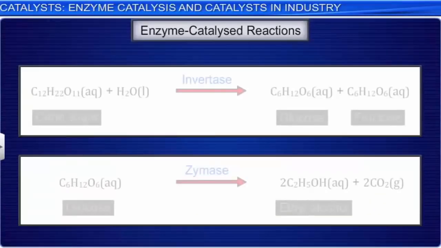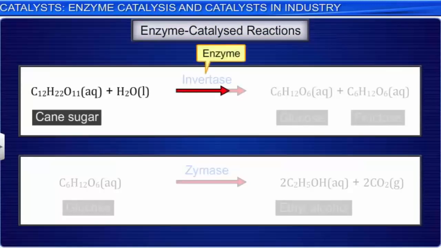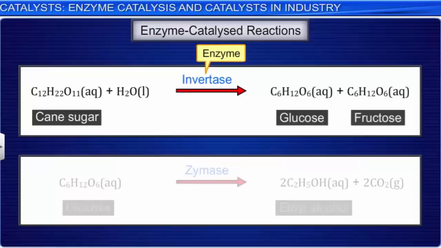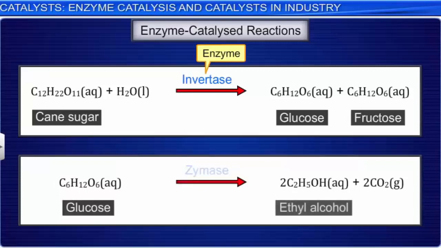Let's take a look at some more enzyme-catalyzed reactions. In the hydrolysis of cane sugar, the enzyme invertase converts cane sugar or sucrose into glucose and fructose. In the enzyme-catalyzed reaction of conversion of glucose into ethyl alcohol, the enzyme zymase is used.